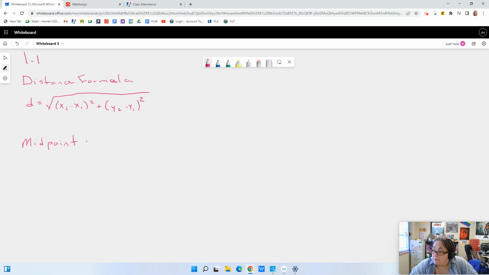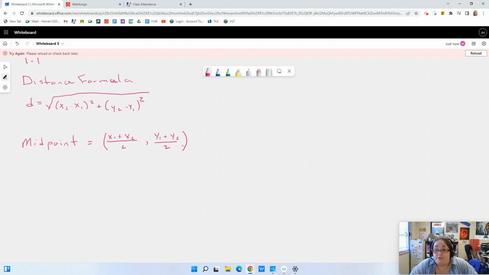The midpoint equals x1 plus x2 divided by 2 will give you the x value. And then the y value would be y1 plus y2 divided by 2, and that would give you the y value.